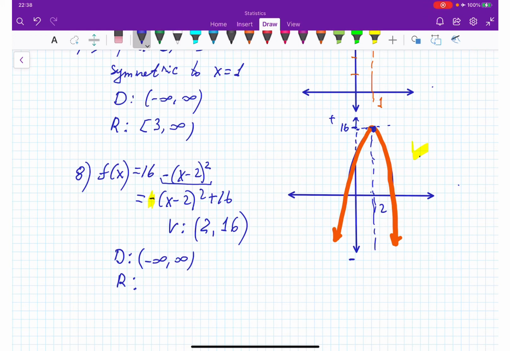So the y is growing like this, right? From negative to positive. Therefore, for this graph, the range will grow from negative infinity and it will stop at value 16. Plus this point 16 is included because it's right on the graph. Therefore, we put square bracket. Okay?